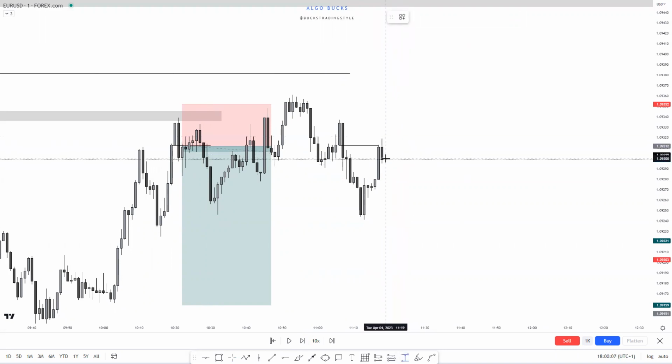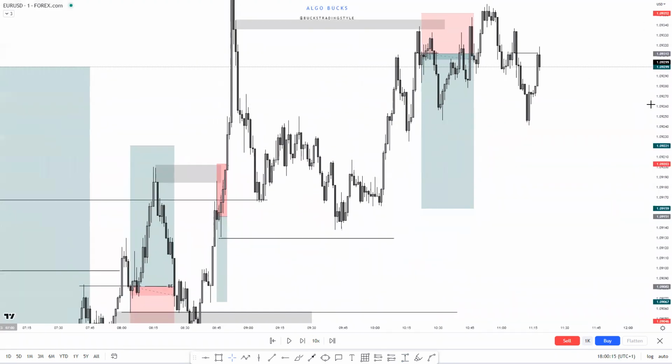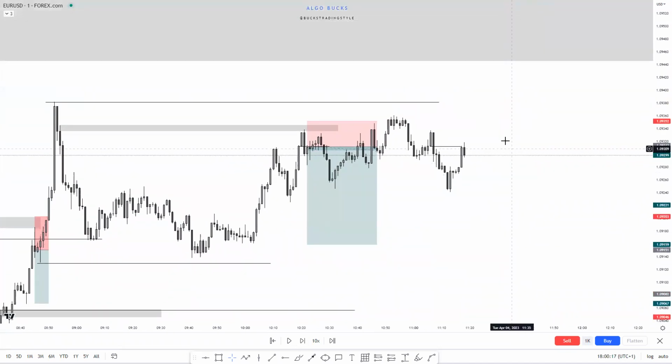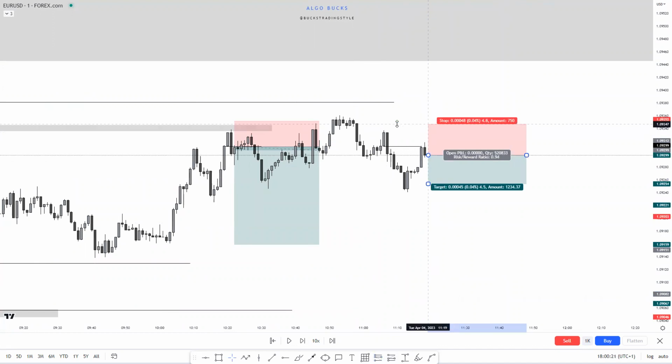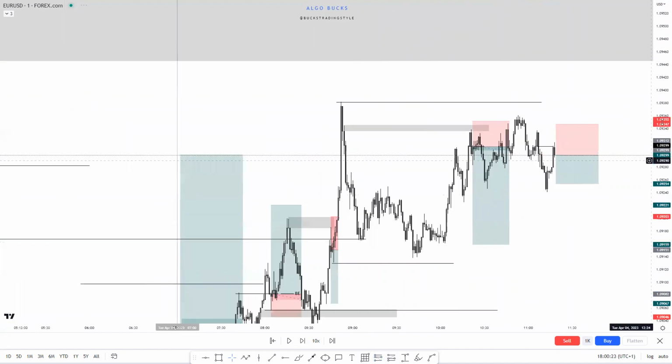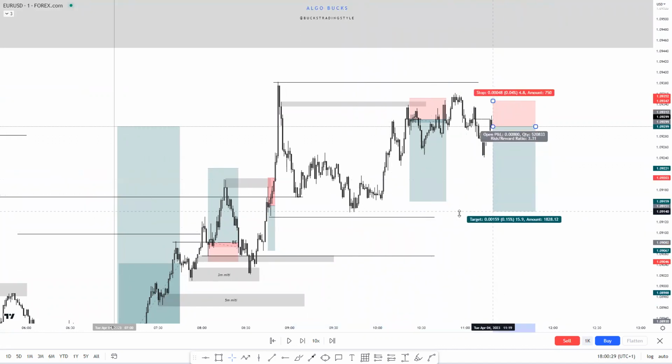If we take the sell right here, this will be like 4 pips stop loss. But trust me, in real life I won't be taking all of these because the stop losses are too large. I deal with them on 5 pips, 3 pips, and the like. So let's assume we are taking this sell with stop loss somewhere around here, and we are targeting this low right here.